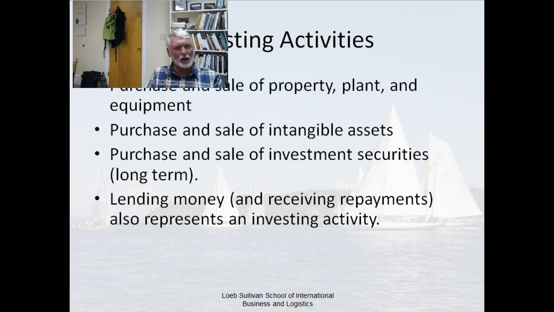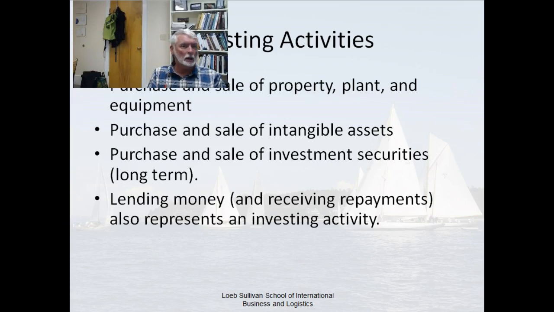Some companies buy long-term investment securities, but generally companies don't do that. Most companies are in the business of conducting their operations, and if they have free cash, they probably invest it short-term or return it to their shareholders. They don't invest it long-term in other companies. So investment securities for most companies aren't there.